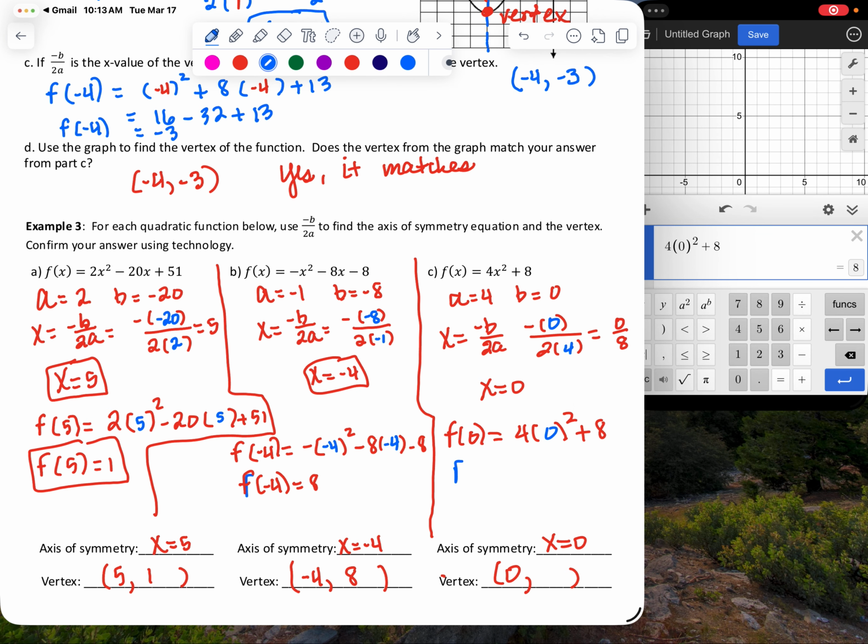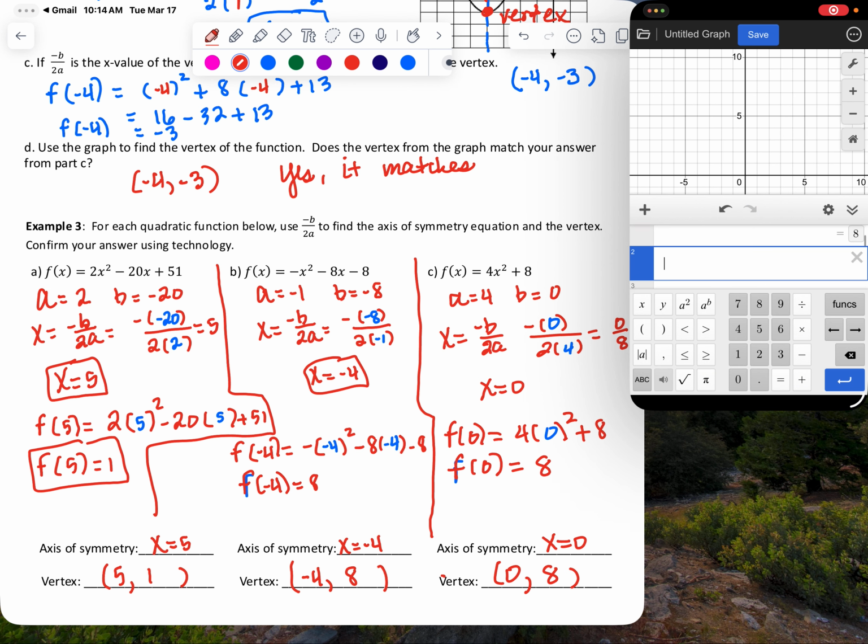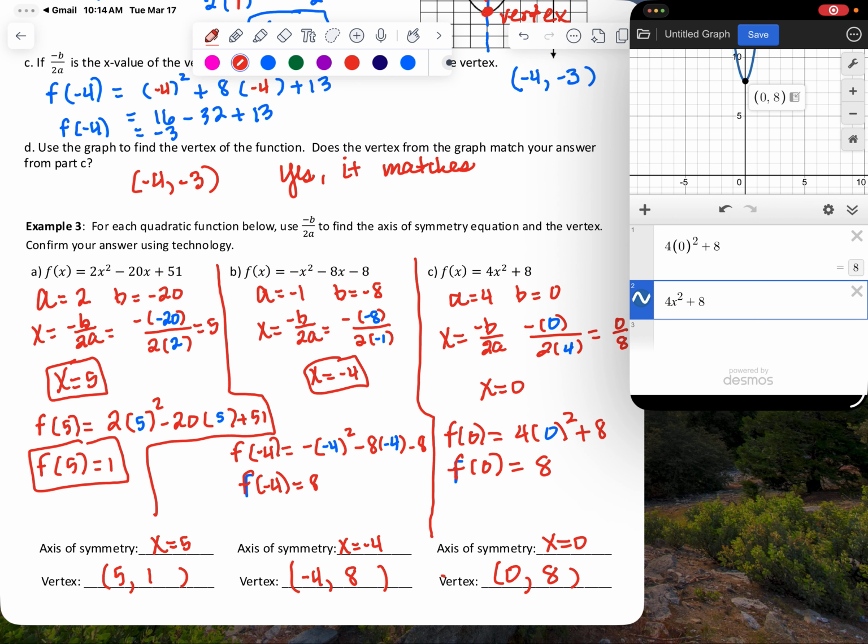So f of 0 was equal to positive 8. And then we're going to check that on our calculator. 4x squared plus 8. And sure enough, our vertex is 0, 8. And that concludes today's lesson, Attributes of Quadratic Functions, Part 2.